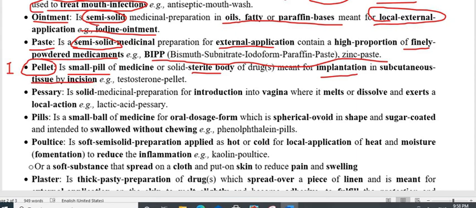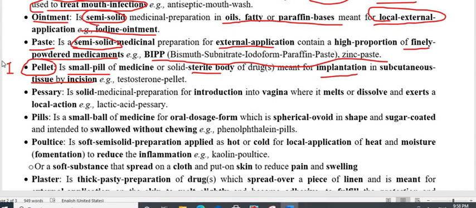Example is testosterone pellet. In case of implantation, we keep the drug in tissue by positioning, going through minor surgery, that we already went through, the terminology implantation.